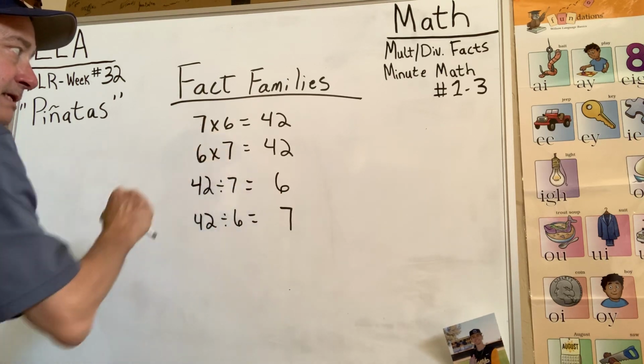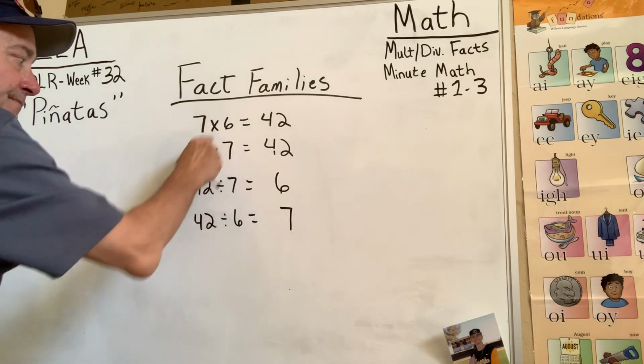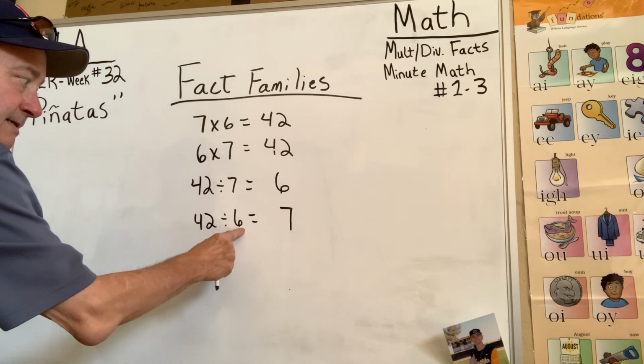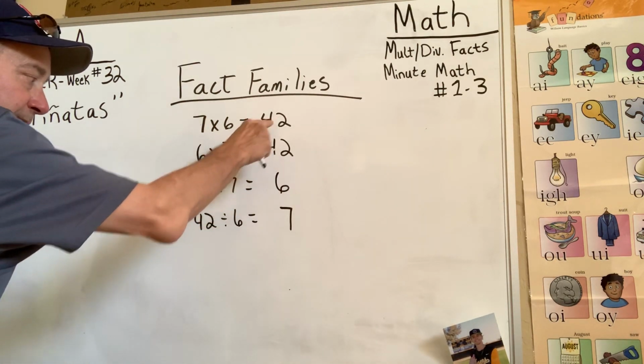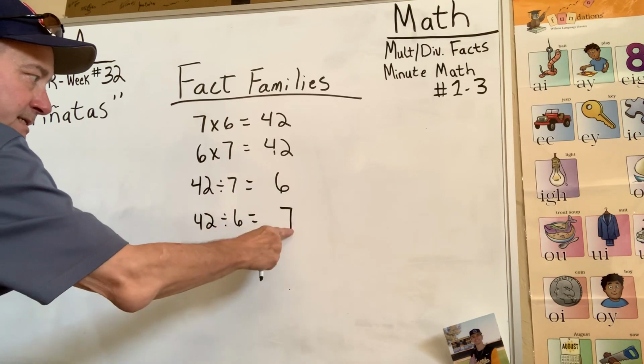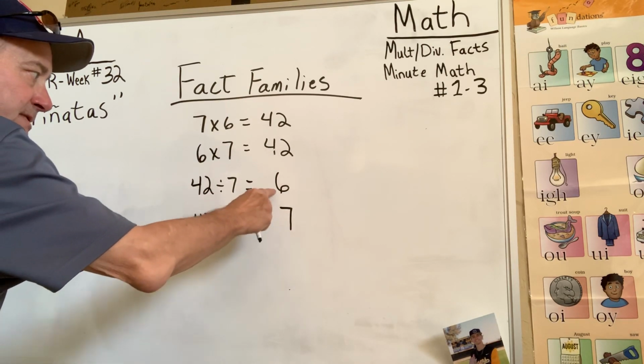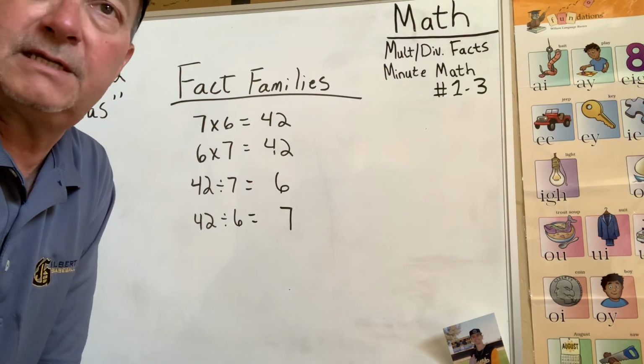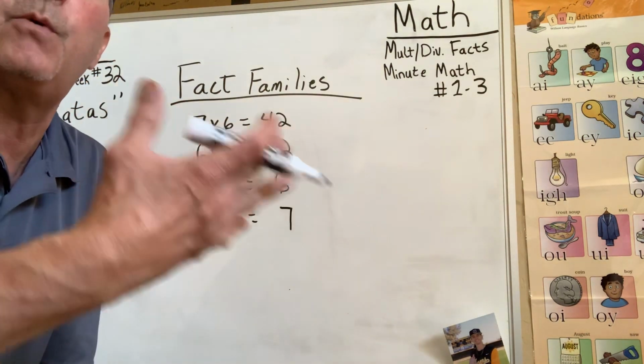See? You're seeing all the numbers. Everything is all the same. Then you drop down one more, 42 divided by 6 is 7. So you're seeing 7, 6, 42 are the fact family. Those are the numbers that you're going to see in all those equations.